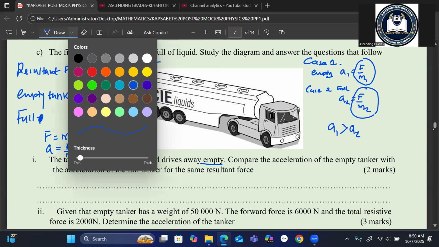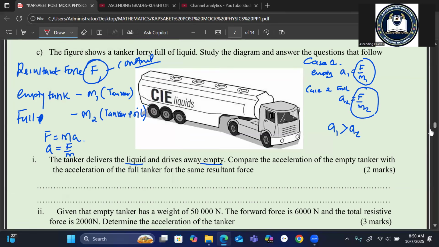I still think that we need to elaborate further. So A1 is equal to force over M1, and A2 is equal to force over M2. Since this one has been lowered, we increase this, and this one has been increased, we lower this. That is what the question is trying to ask.